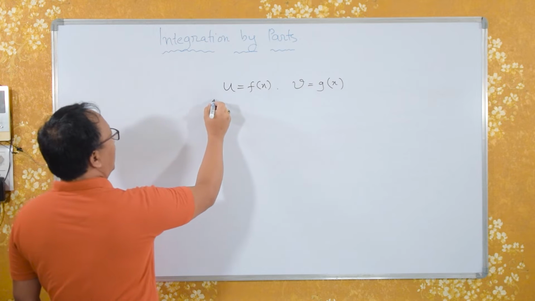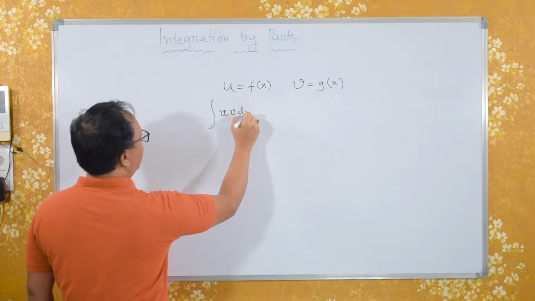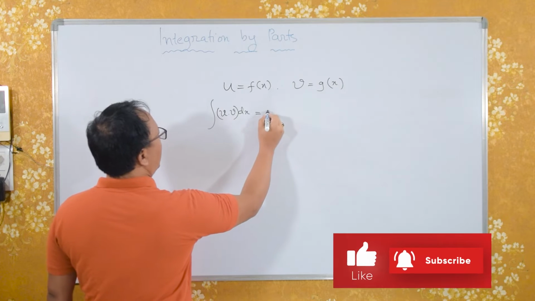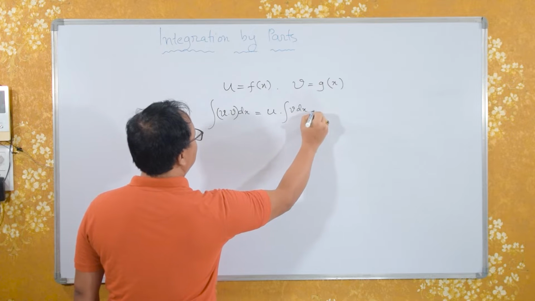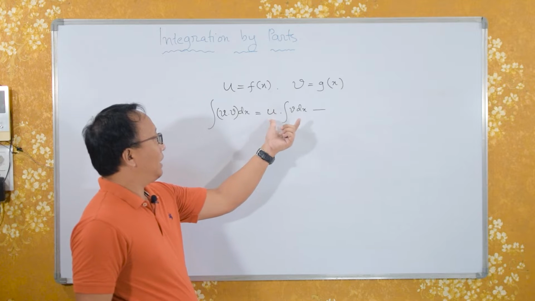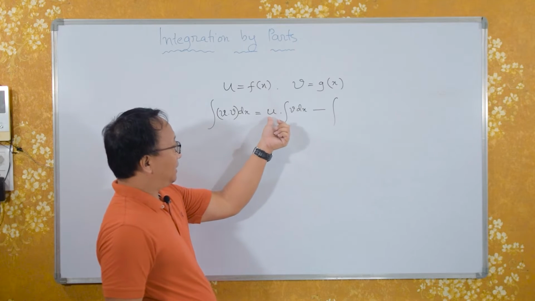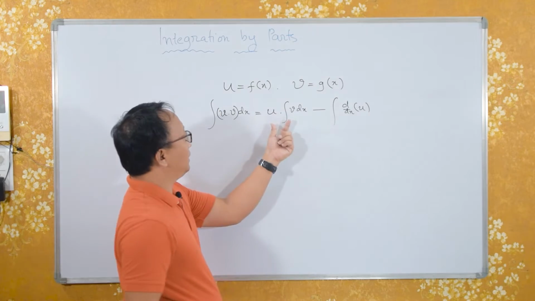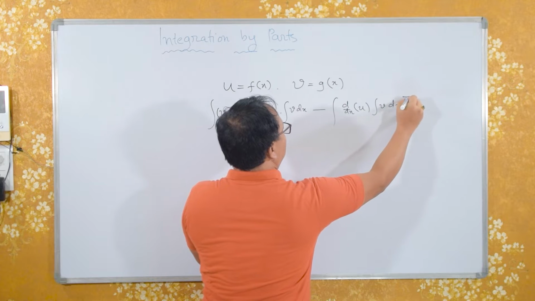Then the integral of u v dx is given by u into the integral of v dx, minus the integral of d by dx of u times the integral of v dx, dx. You have to integrate the second term and differentiate u.